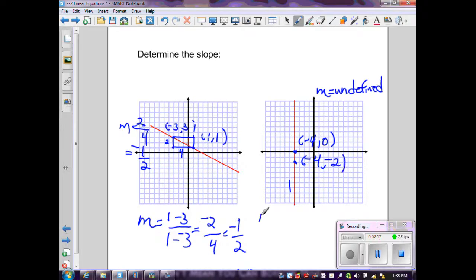And when I substitute, letting this be x sub 2, y sub 2, a negative 2 minus 0 over a negative 4 minus a negative 4 gives me a negative 2 over 0, which we know is undefined.